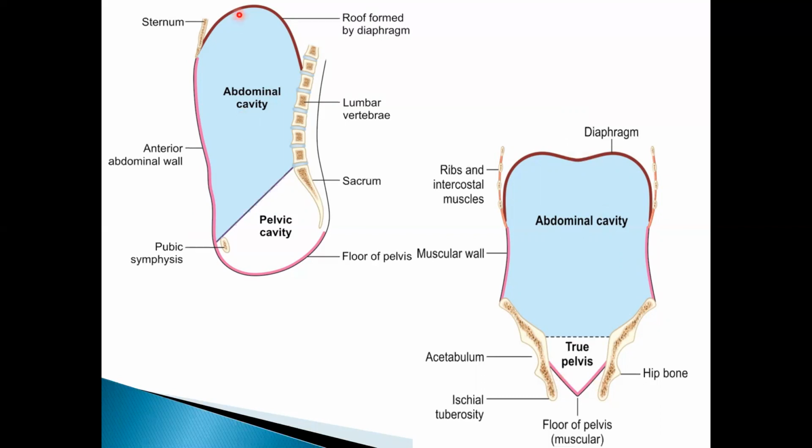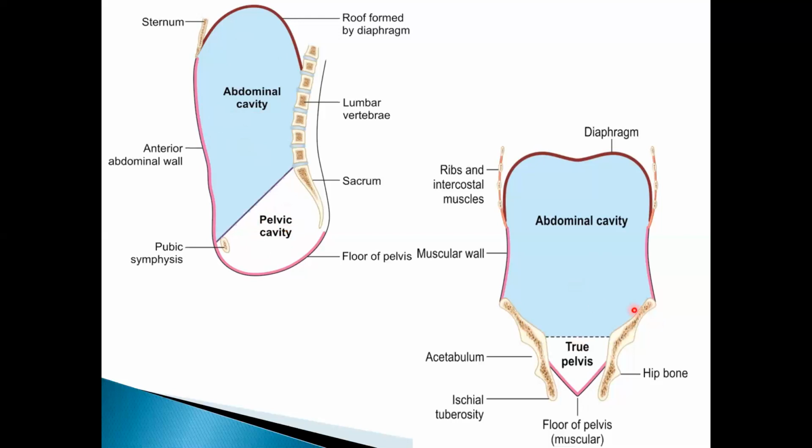From the diaphragm up to the pelvic inlet, this part is called the abdominal cavity proper or the abdomen proper, and the lower part of the abdomen, that is below the pelvic inlet, is called the pelvic cavity. So the abdomen is divided into the upper larger part called the abdominal cavity proper, and the lower part is called the pelvic cavity.